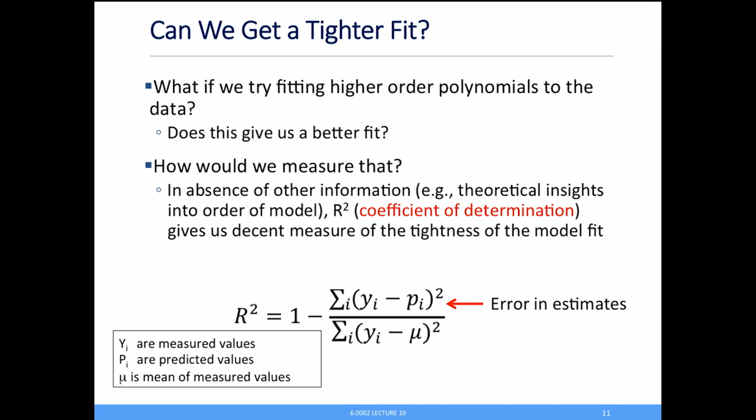The way to think about this is that this top expression here is exactly what I'm trying to minimize, right? So it's giving me a measure of the error in the estimates between what the model says and what I actually measure. And the denominator down here basically tells me how much the data varies away from the mean value.